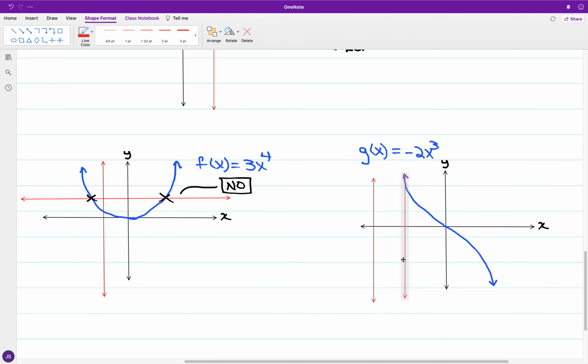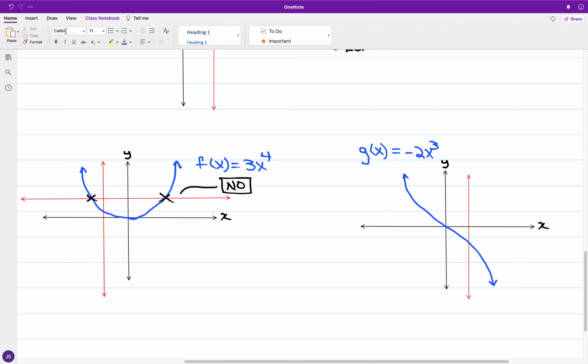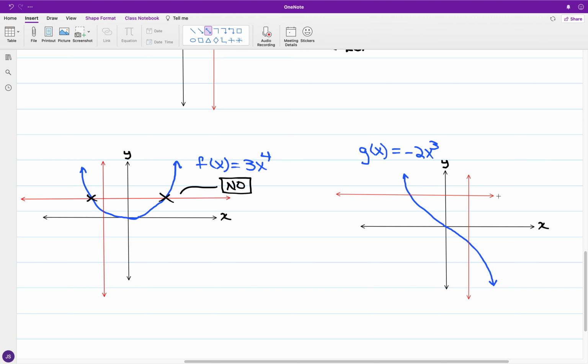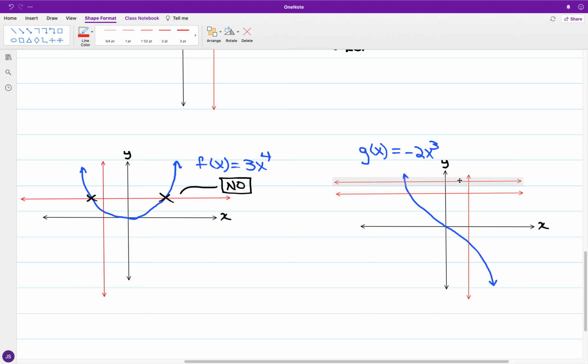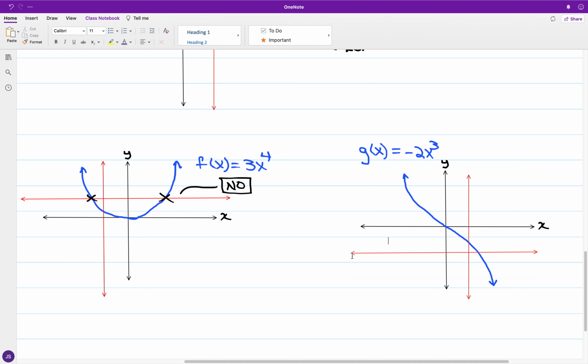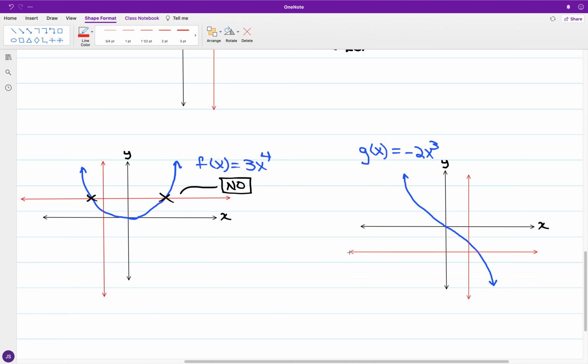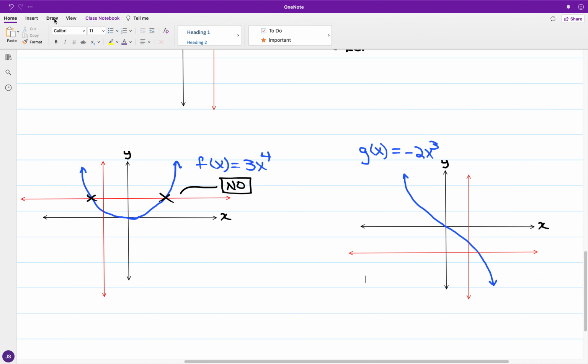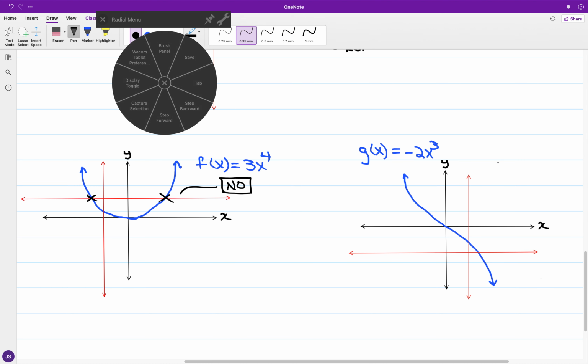So again, it's going to satisfy the vertical line test. And as we go up and down, moving continuously, we have intersection by at most 1 point between a horizontal line and the graph. So this particular function is going to be one-to-one.